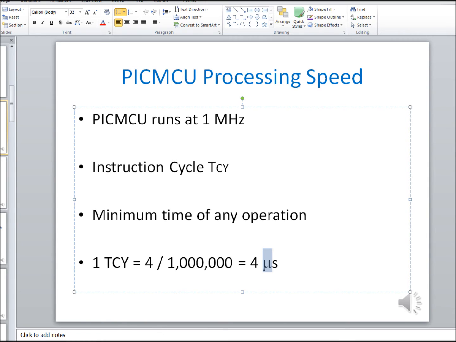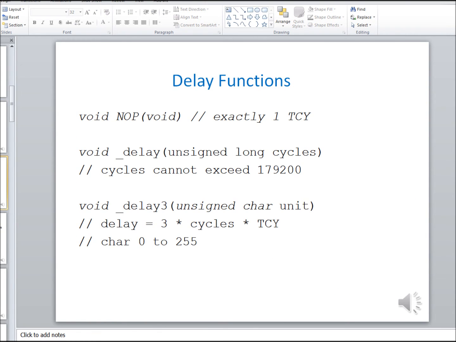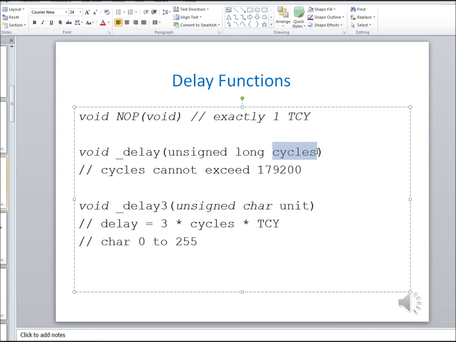In my code, I used some delay operations that are part of the xc.h. One of them is NOP, which just means one instruction cycle. But the one we're interested in is underscore delay and then a number. It's got to be a long number. Longs are much bigger than integers.